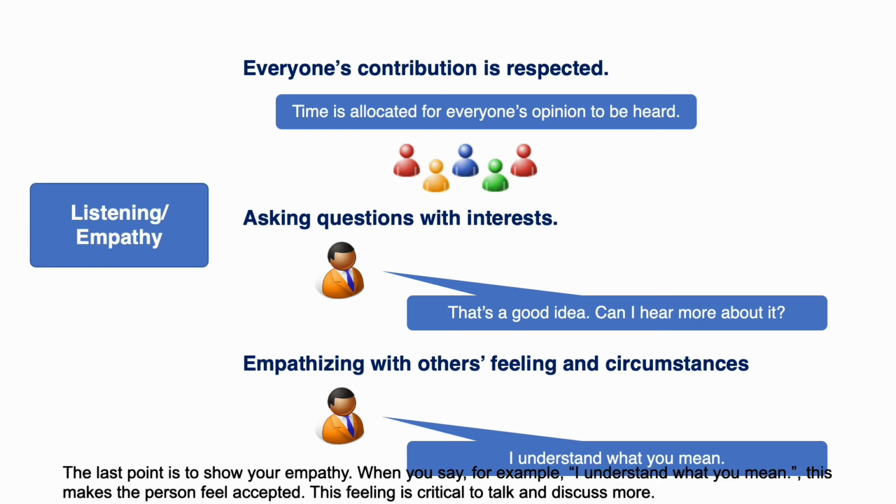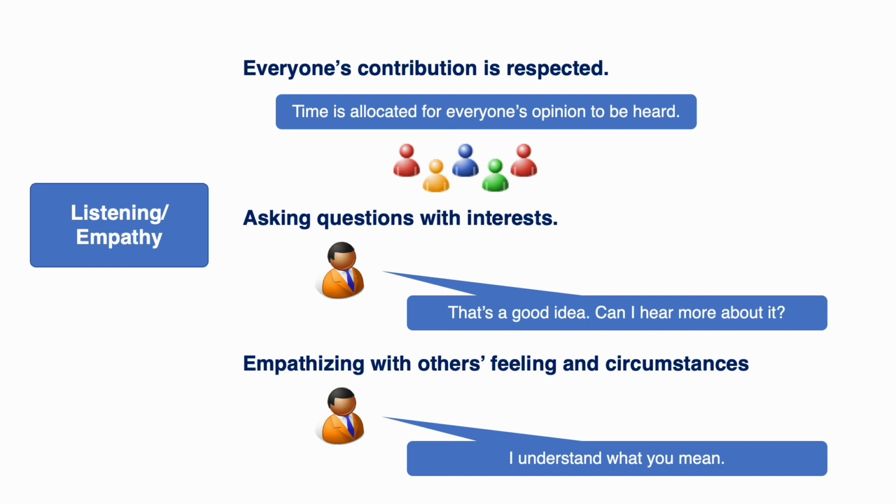The last point is to show empathy. When you say, for example, I understand what you mean, this makes a person feel accepted. This feeling is critical to talk and discuss more. These are examples of pro-social behavior.